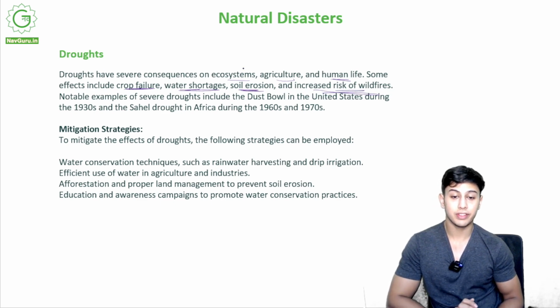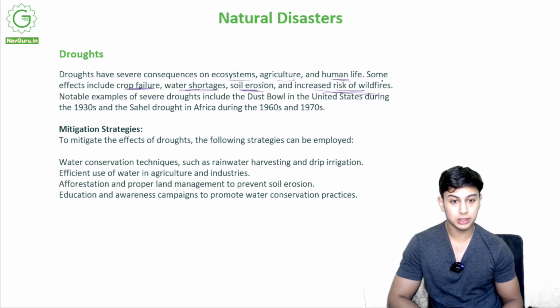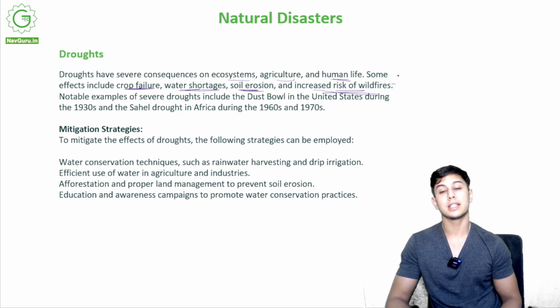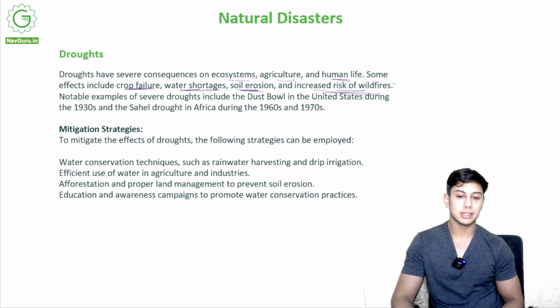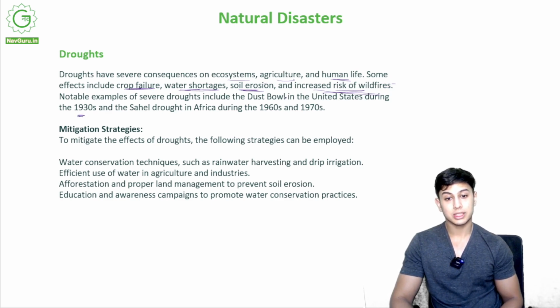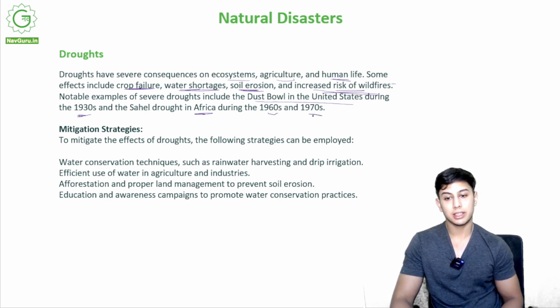Since there are very dry conditions, the wood would be dry and would catch fire easily. Some examples include the Dust Bowl in the United States during the 1930s, a severe drought, and the Sahel drought in Africa. Africa is known to suffer many droughts, during the 1960s and 70s.